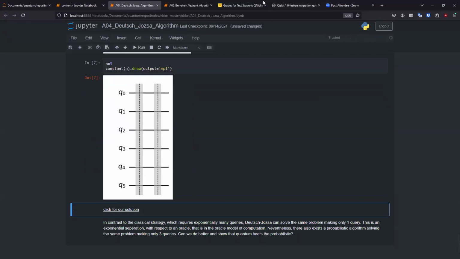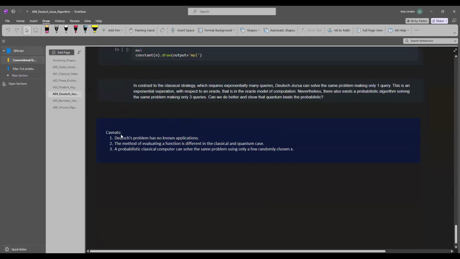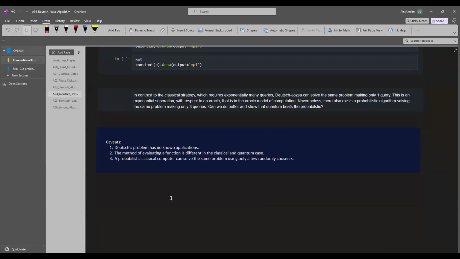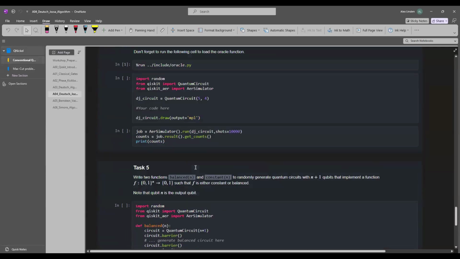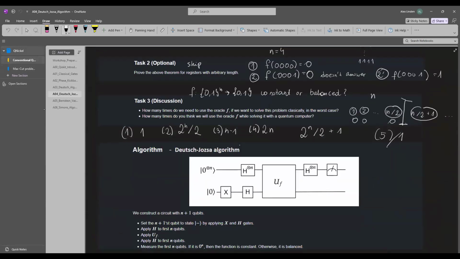Now for the end of analyzing Deutsch, I will switch back to OneNote. The Deutsch algorithm is very interesting because we are able to solve the problem making only one query. Where were our bets? Here.